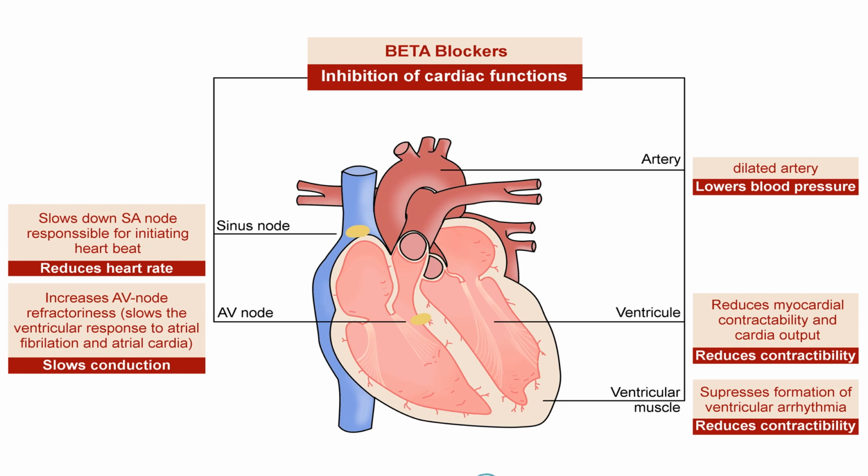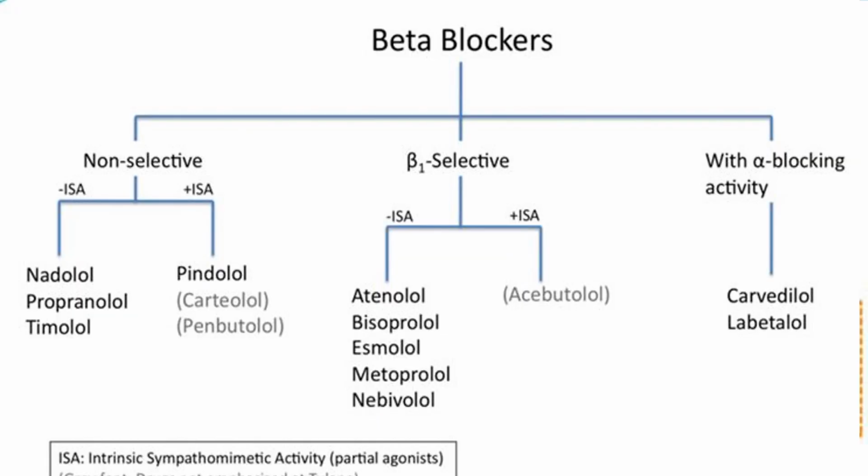By acting on the main artery, they lower the blood pressure. At the level of the ventricle, they reduce myocardial contractility and cardiac output. At the level of ventricular muscle, they also reduce contractility.